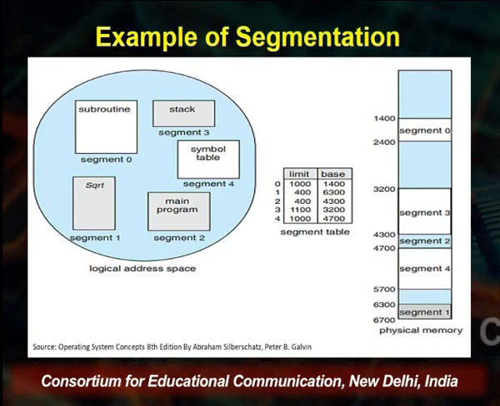This is what we talked about when showing the figure: before the physical address is generated, the offset d is checked against the permissible range. Only if it is in range is a physical address generated, else there will be an error.